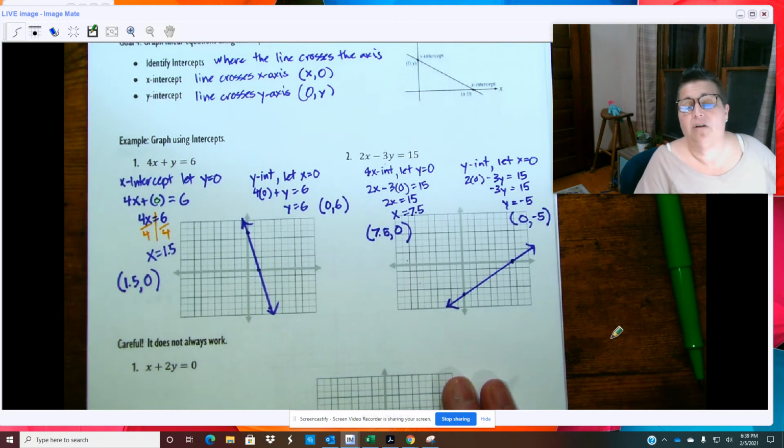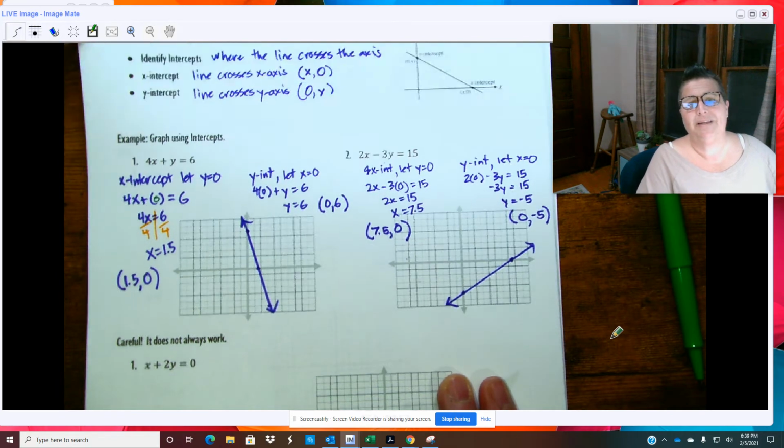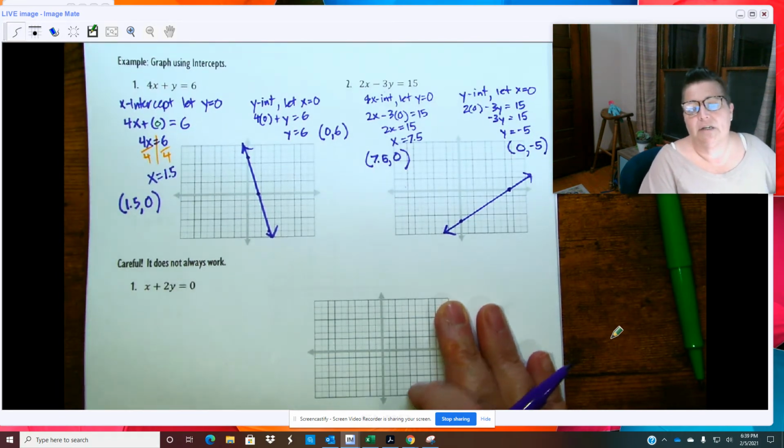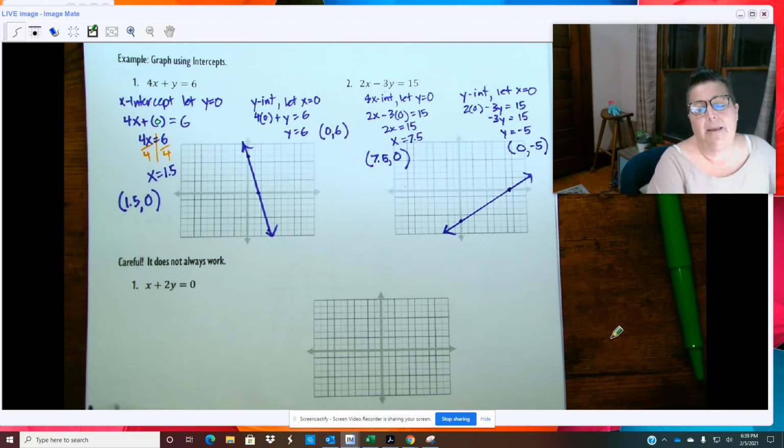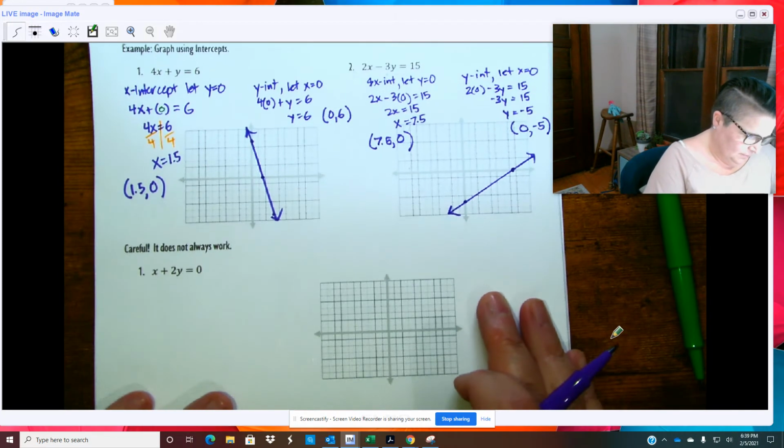Why don't we use this all the time if we only need 2 points? It doesn't always work. The x and y intercepts do not always work to find a unique line, because there is one place a line can go through that is not at all unique. Here's an example.